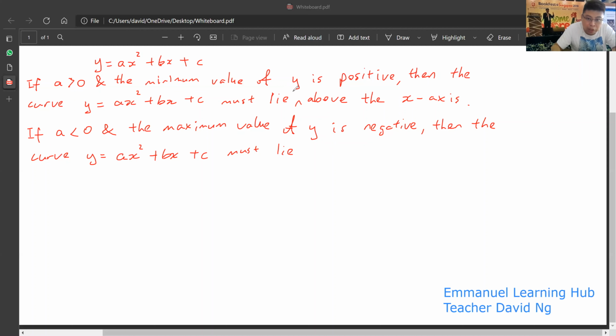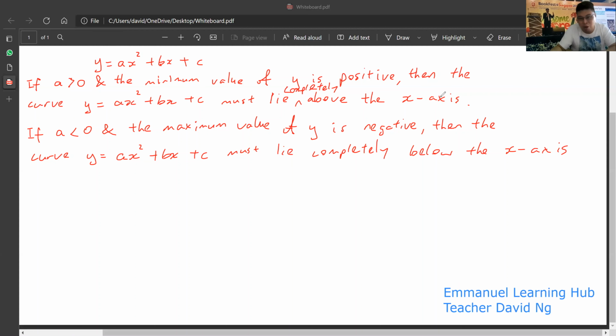Must lie completely above, must lie completely below the x-axis. Thought through already.